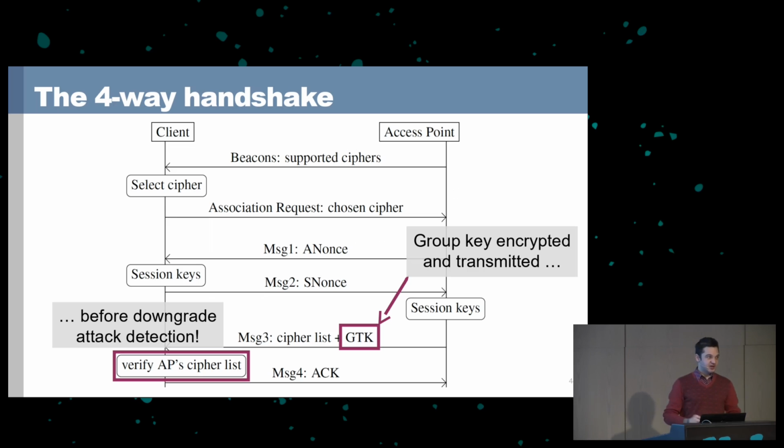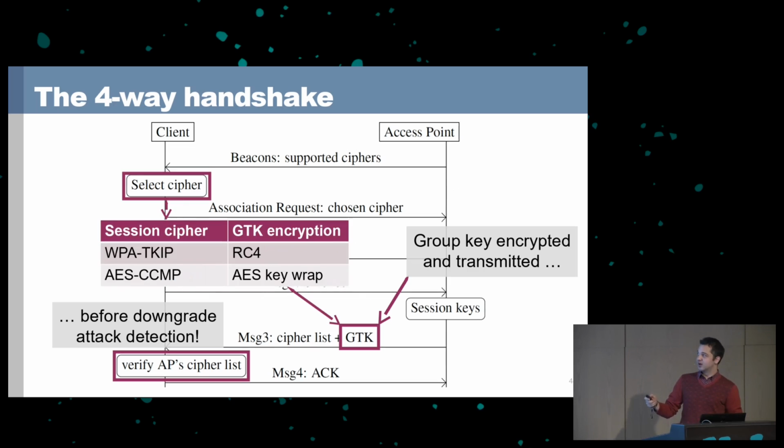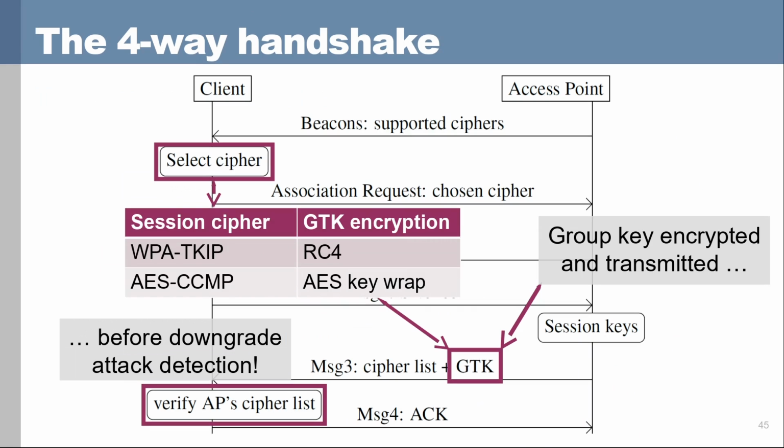So what can an attacker do here? An attacker can put up a rogue access point. It can modify the beacon messages and say, hey, I only support WPA TKIP, which means that the client will connect using WPA TKIP.